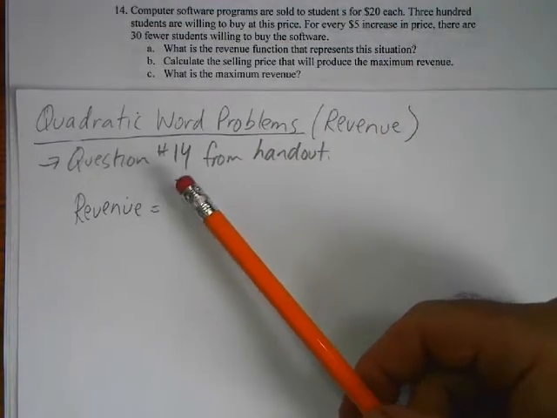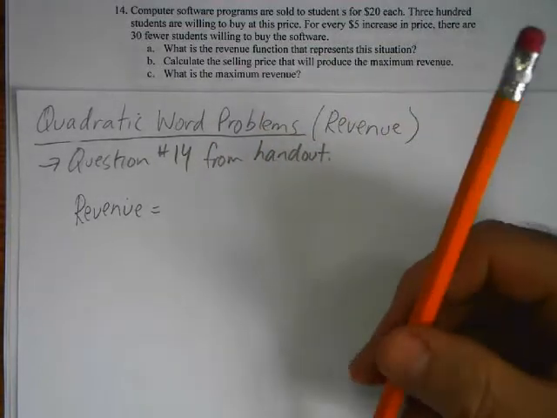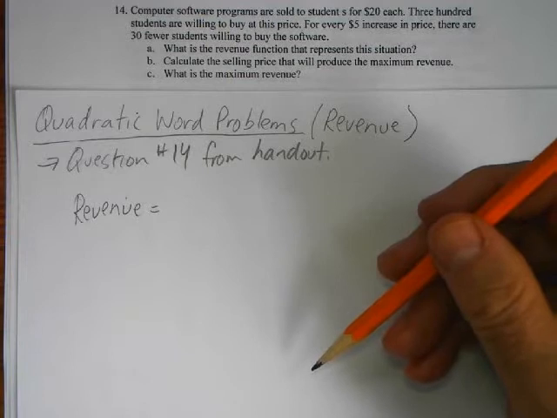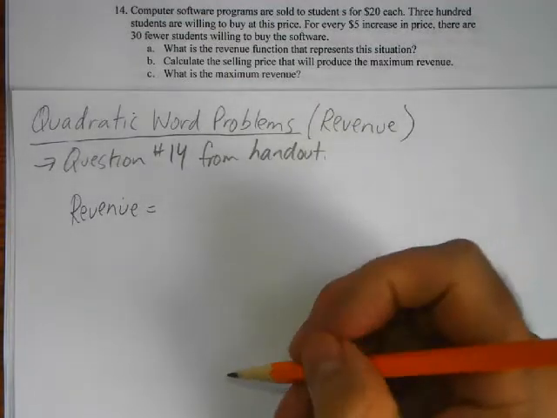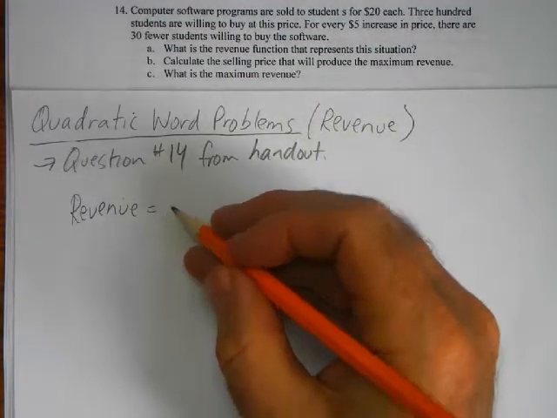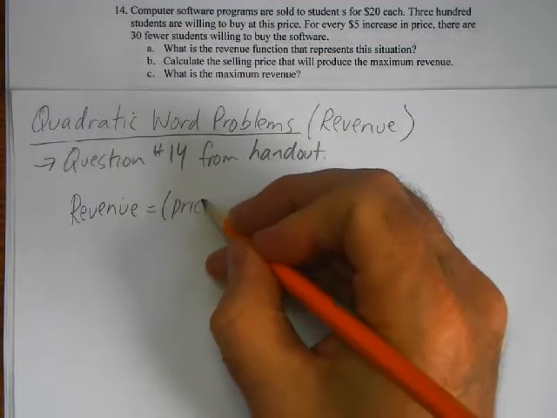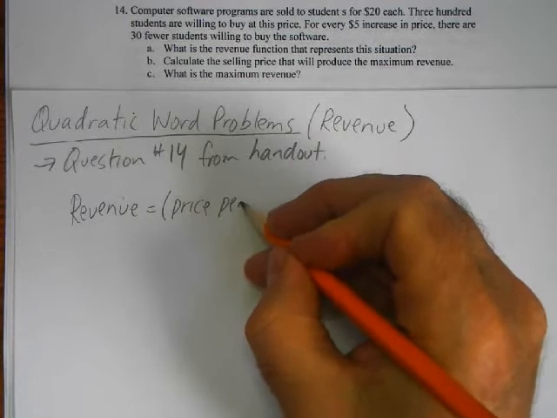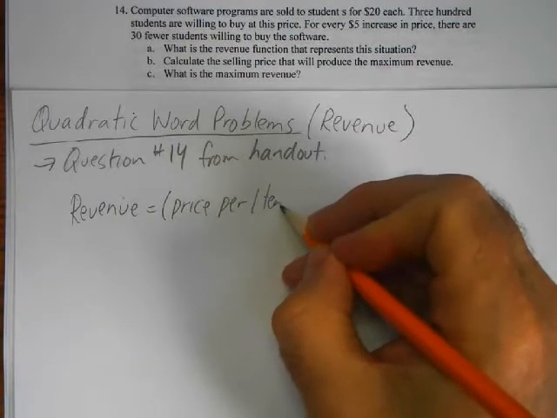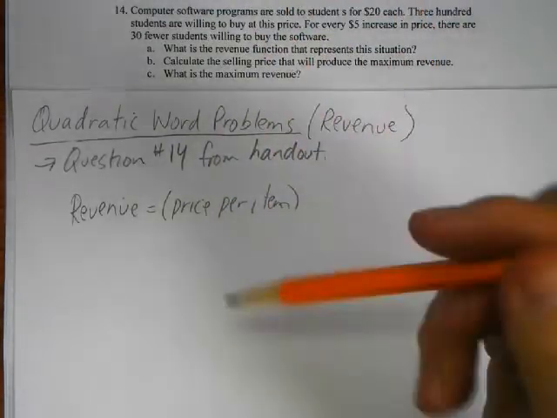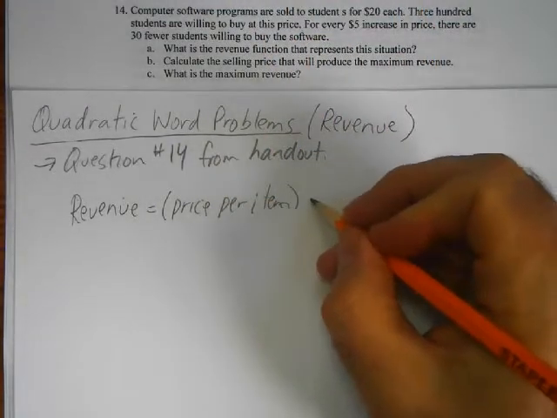It has nothing to do with how much it costs me to make this pencil. It's just how much money am I earning from my sales. Okay, so the revenue is always two things, like I just said, the price per item times the number sold.